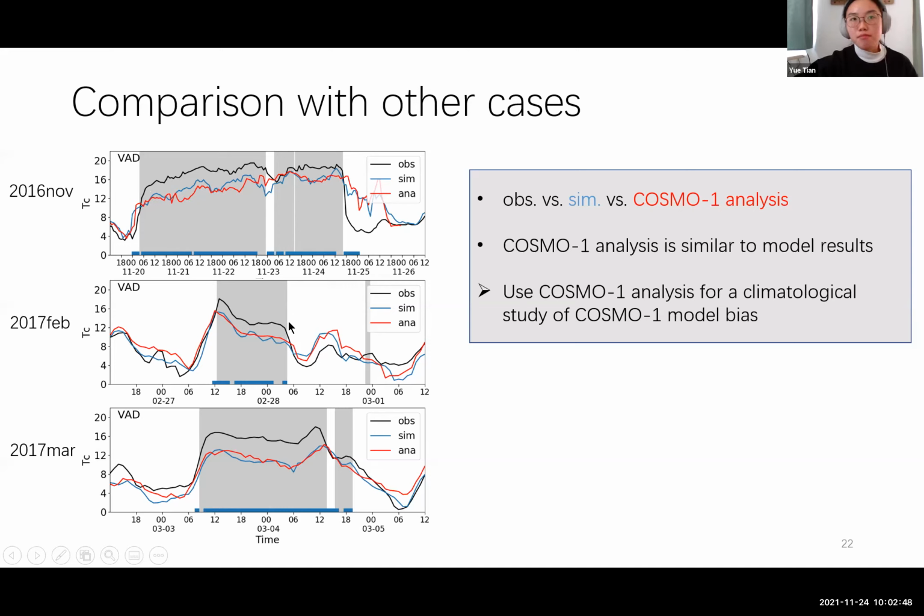And therefore we can take advantage of it, because we have a very long-term Cosmo 1 analysis data. So we could use this data set to study the foehn bias climatology.